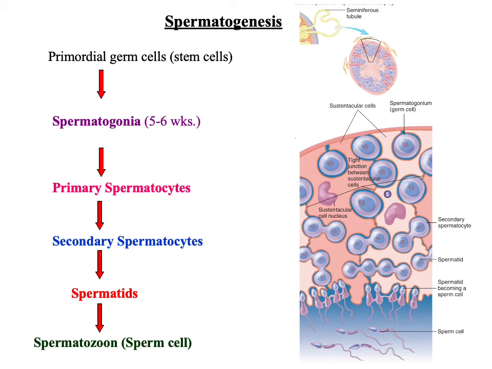Then we go from the spermatogonia to the primary spermatocytes, then the secondary spermatocytes, then the spermatids, and finally the spermatozoa. Spermatozoan is singular, but spermatozoa is plural.